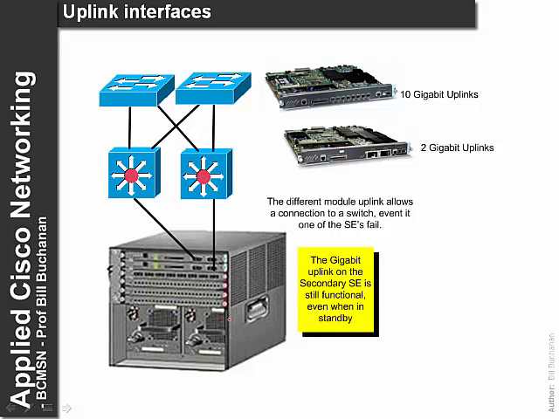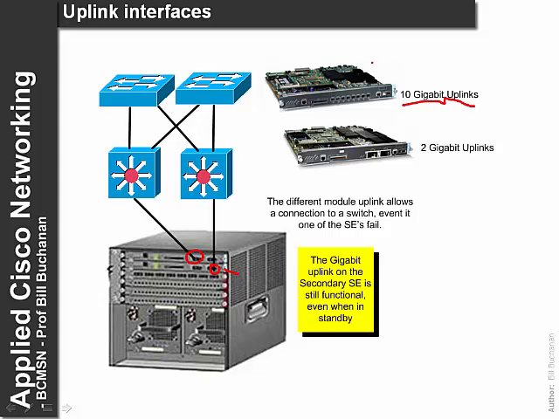We also have uplink interfaces, and it is these uplink interfaces which are called upon when the supervisory engine fails. So in this case we might have one connected to one slot and another connected to another slot.